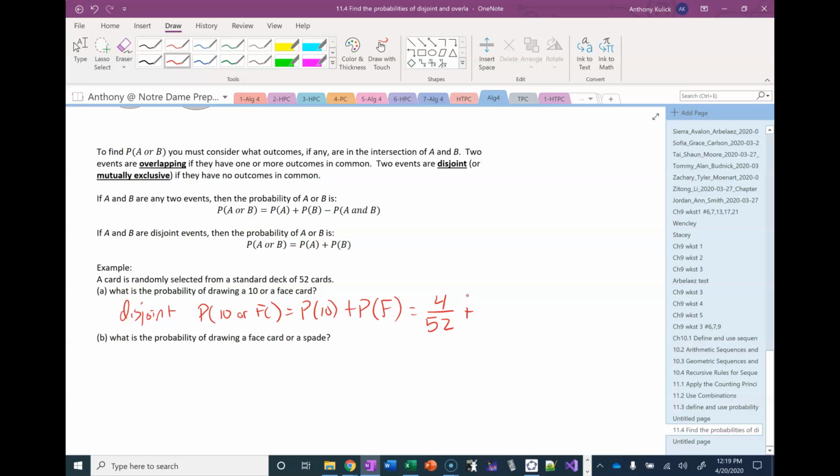There's jack, queen, king of hearts, jack, queen, king of clubs, jack, queen, king of diamonds, jack, queen, king of spades. So that's 12 out of 52. So that gives us 16 out of 52, which reduces down to 4 out of 13.